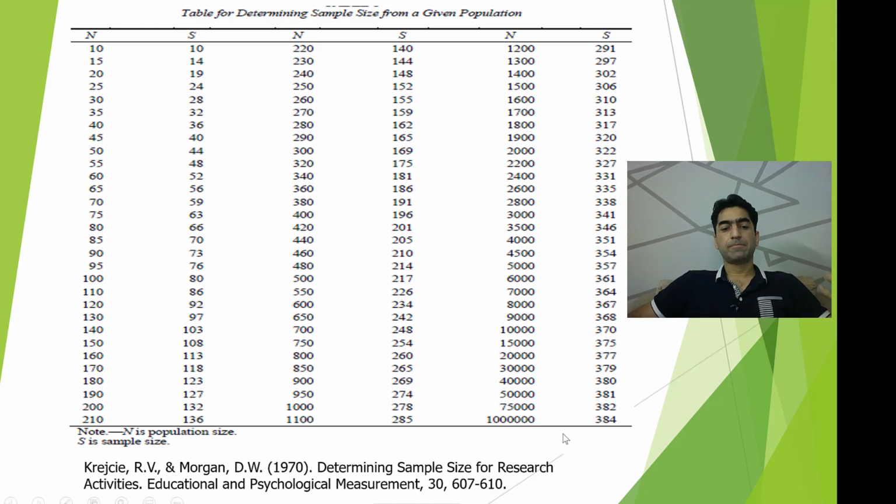But basically the main criteria to determine the sample size is that you have to go up to 350. And why 350? Because according to statisticians, you may apply the parametric test if your sample size is 350 or above.